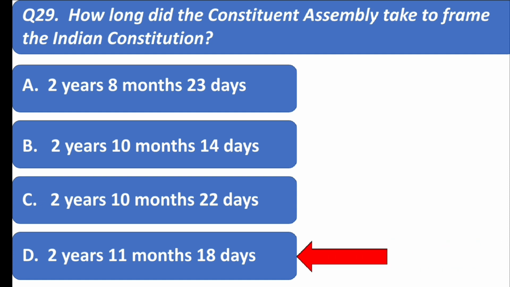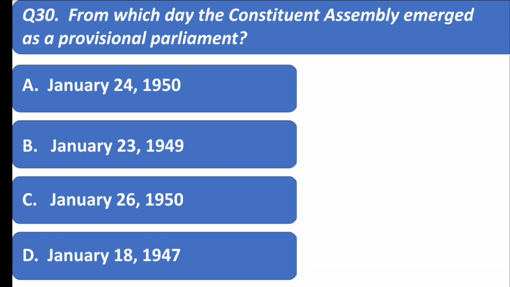Answer is option D. 2 years, 11 months and 18 days. From which day the Constituent Assembly emerged as a provisional parliament? Answer is option C. January 26, 1950.